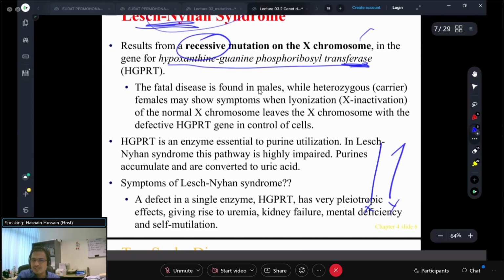So if the locus for Lesch-Nyhan is positioned over here, and this one is defective, one copy is already defective. So there's no other compensation. But in a female individual, it is two X's, right?